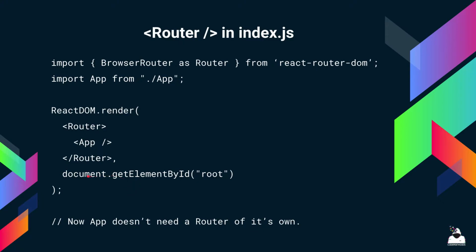And we're saying in document, get an element by ID, which is the root, and this is what to render. The thing that we render inside of the root is our router. So the first thing is our router, then inside of the router we will render our application. That way we make sure that the whole thing is encompassed in a router.